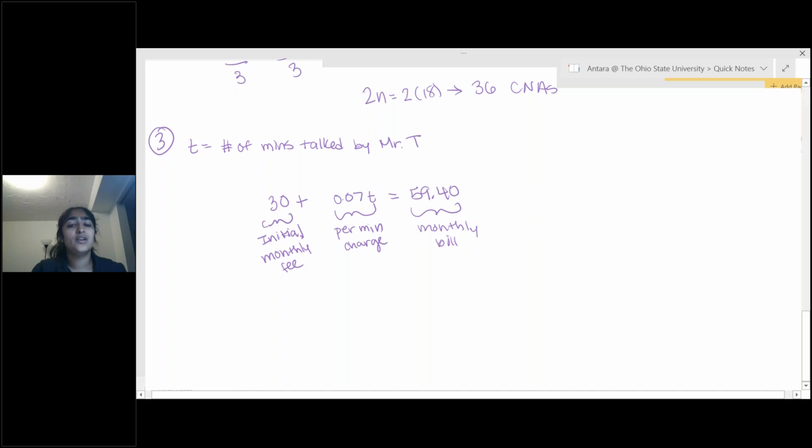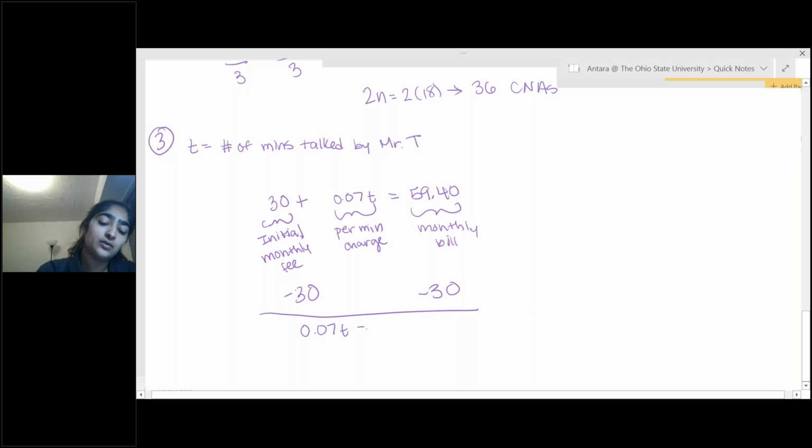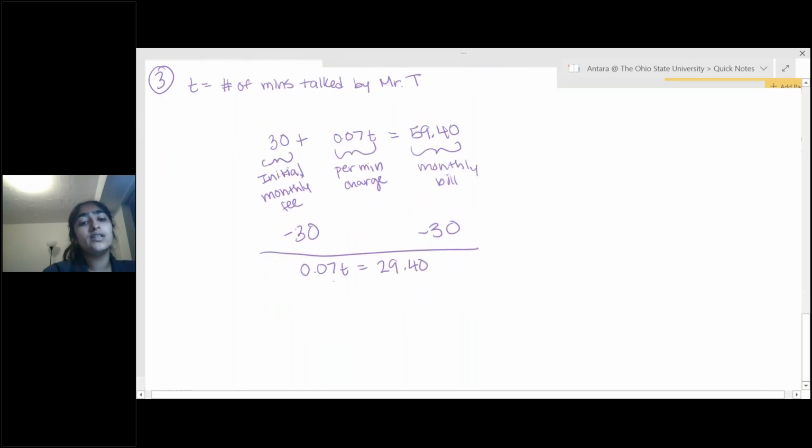And with this, we want to isolate the variable term. So what we're going to do is subtract 30 on both sides. And we're going to get 0.07t equals $29.40. And to isolate t, we're going to divide by 0.07 on both sides.